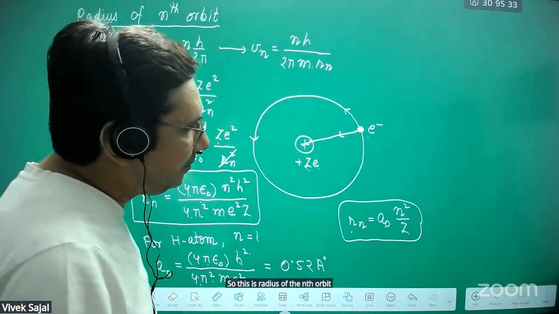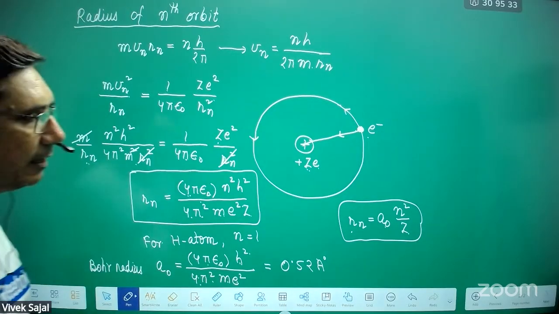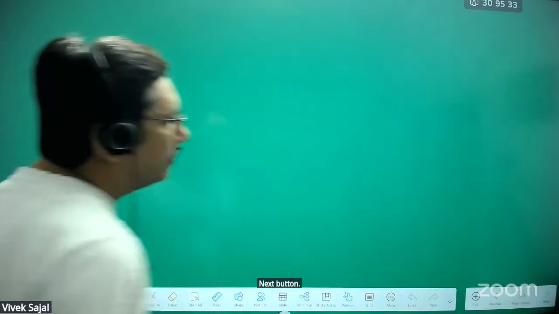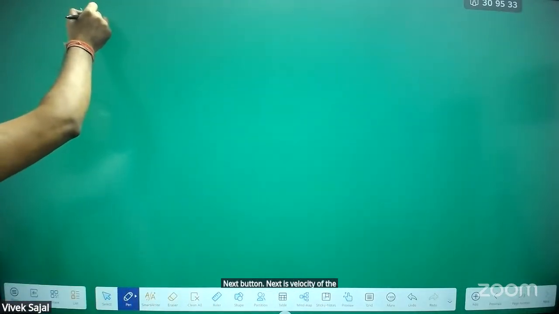Now, please note it down quickly. Next is the velocity of the electron.